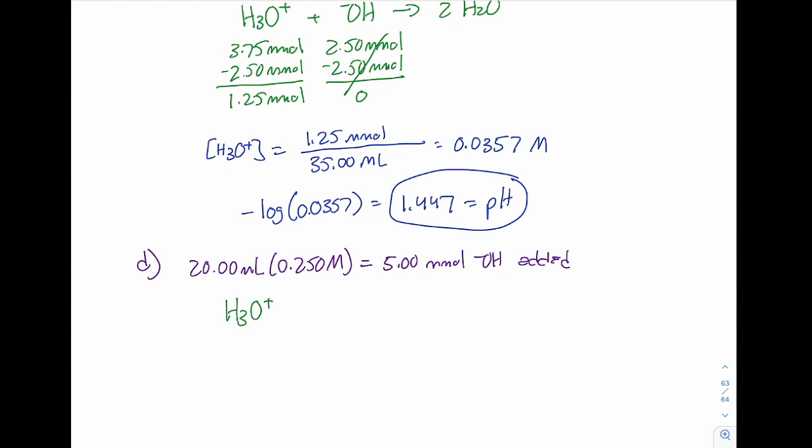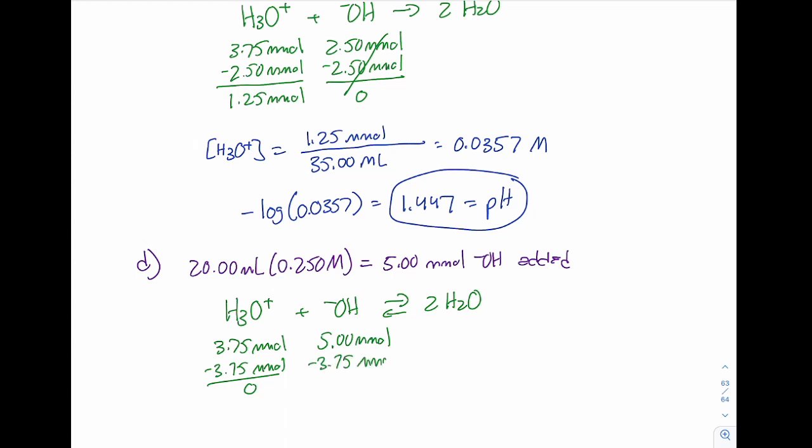So my acid plus my base, going to my 2 waters. We started out with 3.75 millimoles. We've added 5 millimoles of base. Again, subtract the smaller from both of them. So this time, all of my acid has been neutralized, right? That's going to go to 0. And I'm going to have excess base left over.